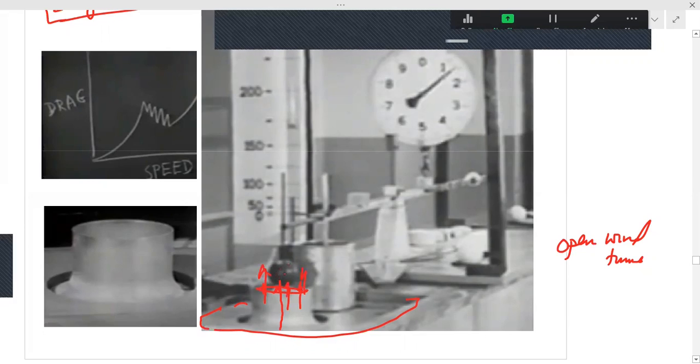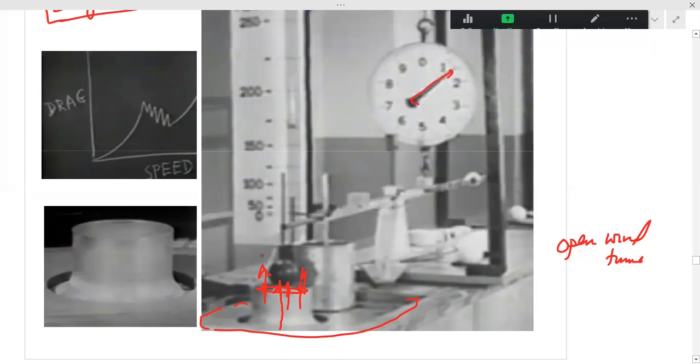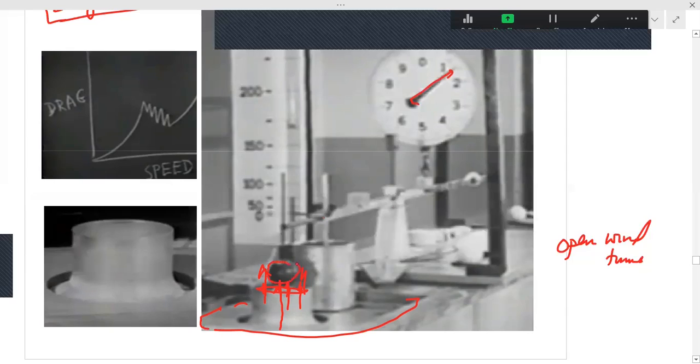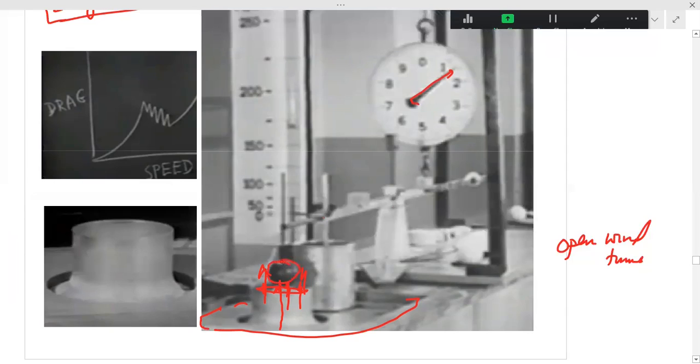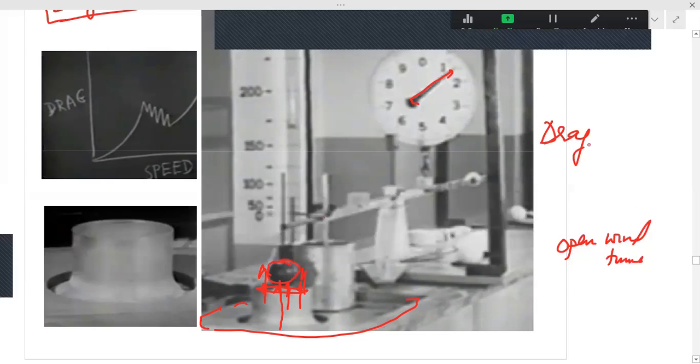It will push this object depending on what the shape of the surface is. This deflection will be calibrated, to find what force it is exerting on this object. The force it is exerting on the object is essentially the drag force.